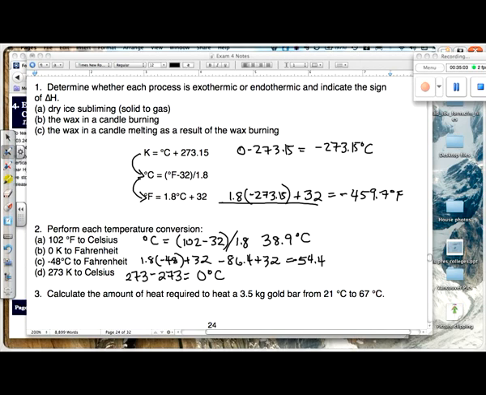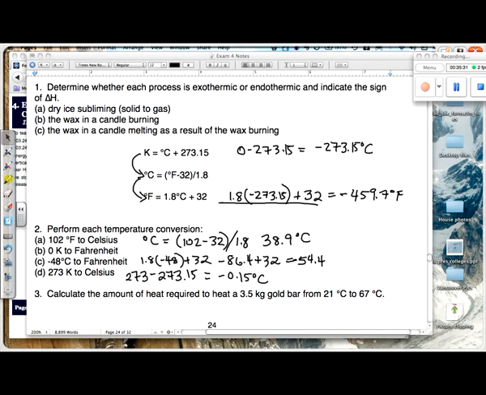I guess I could put the 0.15 on, and then if I did that, it would be negative 0.15 degrees Celsius for D. All right, so this is just manipulating these equations. I'm pretty confident that you would be able to do that.